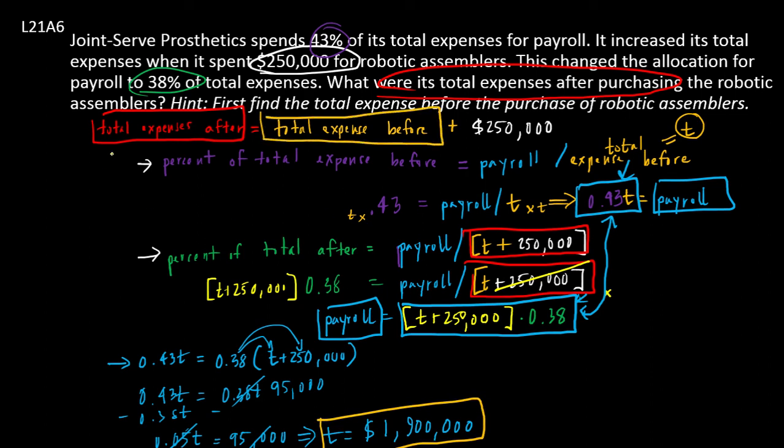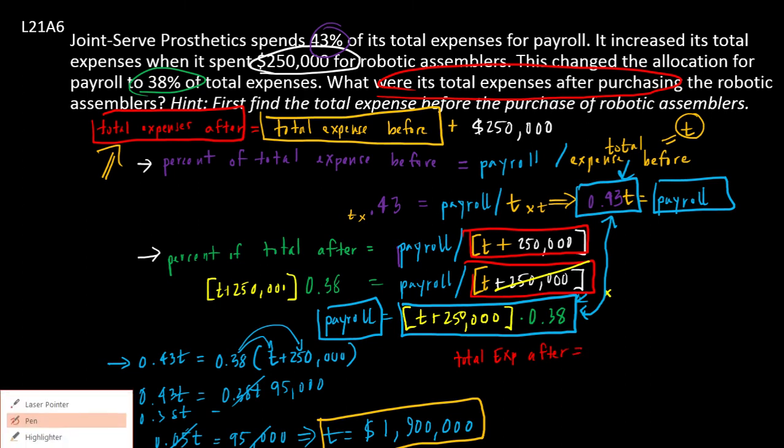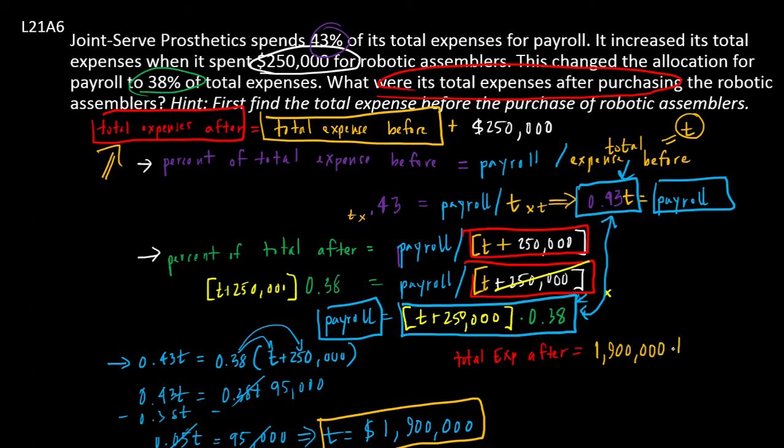Now, remember, my final goal is to solve for total expenses after. So all I have to do to find my total expenses after, I'm going to take T, which is $1,900,000. I'm going to add $250,000 because I know that that's the only difference between my old expenses and new.